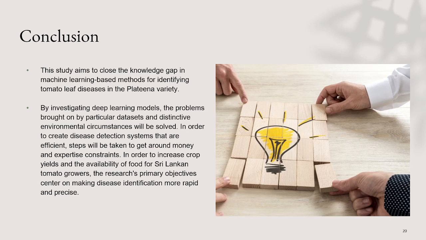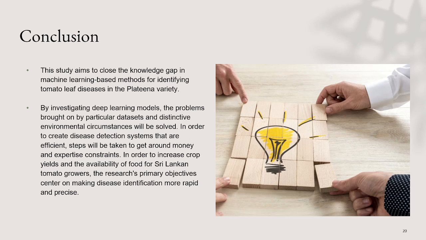This study took to close the knowledge gap in machine learning based methods for identifying tomato leaf diseases in the Platina variant. By investigating deep models, the problems brought on by particular datasets and distinctive environmental circumstances will be solved.